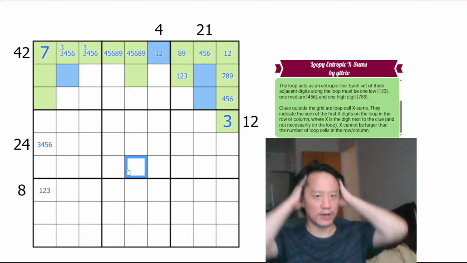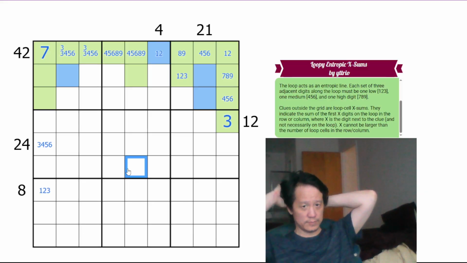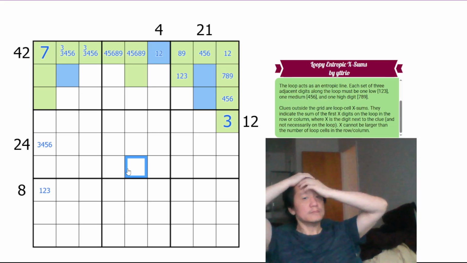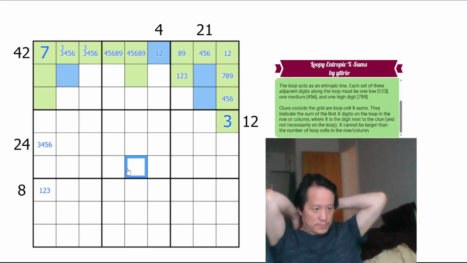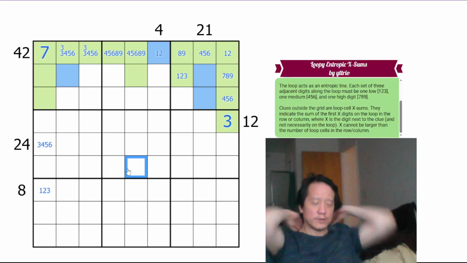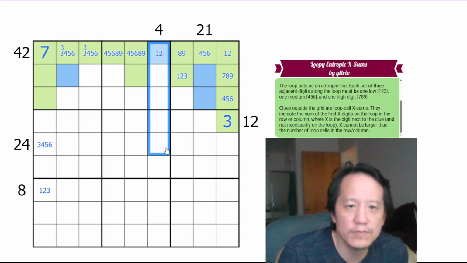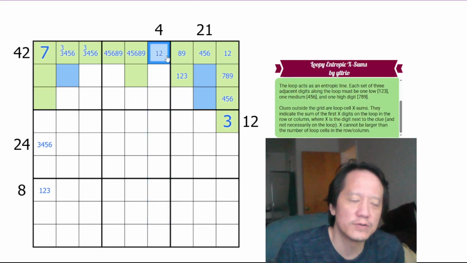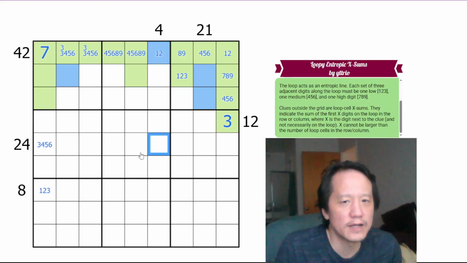What else do we have? Oh, this is a loop. It could be the first digit here, right? Yeah, so that's not guaranteed there.